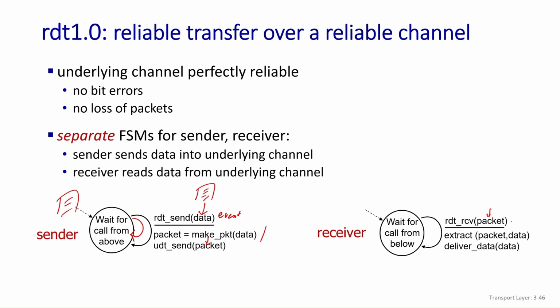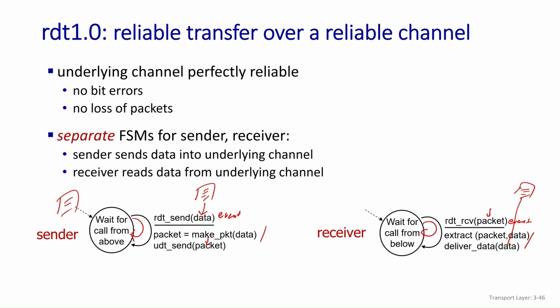On this event, there are certain actions that we need to take. We'll extract the data from the packet and pass it to deliver_data, which will pass data to the application process at the destination, right? And by doing so, I'll make a transition back to the state and will wait for more incoming packets.